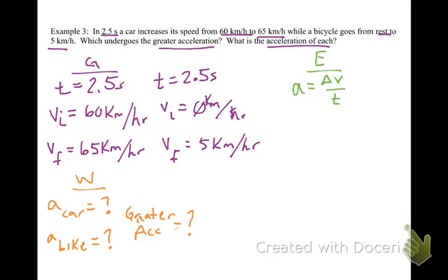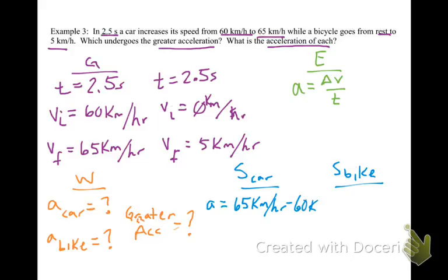So let's substitute in for both. So we've got a substitution for a car and a substitution for a bike. Again, substitute with units, please, always. So final minus initial, 65 kilometers per hour minus 60 kilometers per hour, over 2.5 seconds. Oh, I'm going to run out of room.